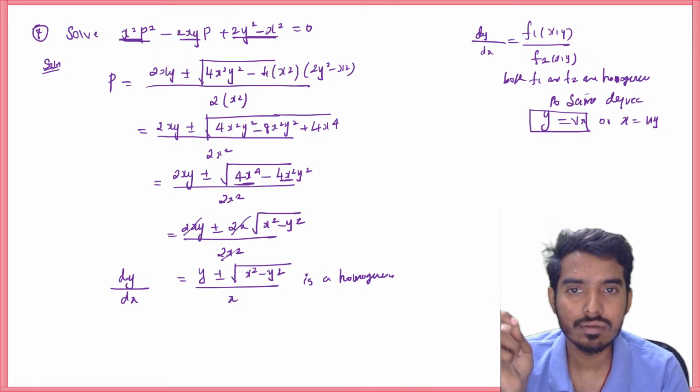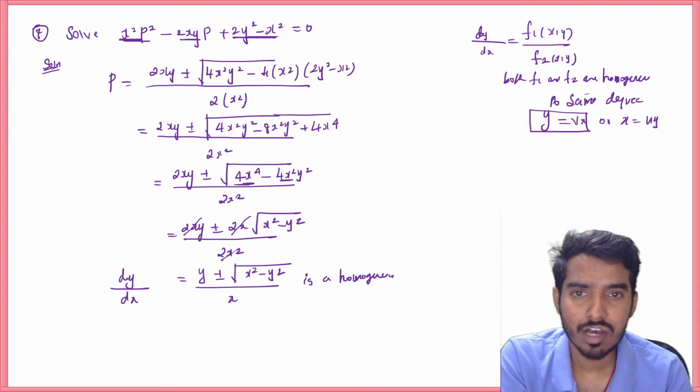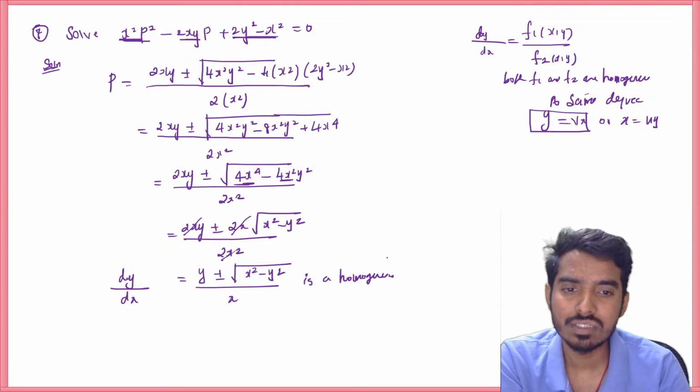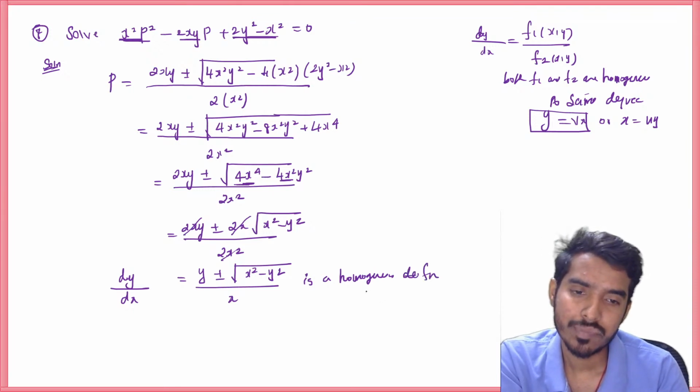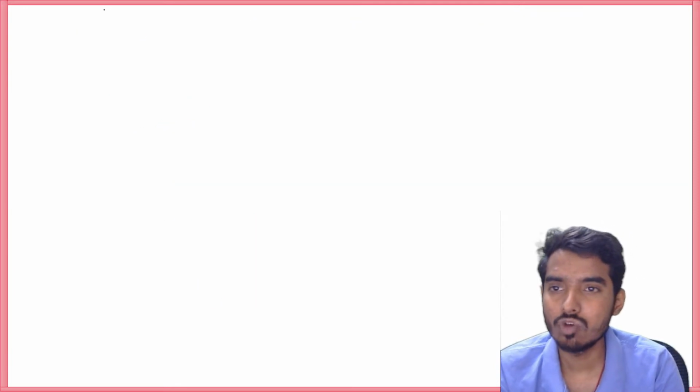Both are homogeneous functions of degree 1. Put f of tx comma ty, we will have t into f of x comma y. Here also f of tx comma ty is again t into f of x comma y. So both are homogeneous functions of degree 1. That means you have to solve this homogeneous differential equation now.